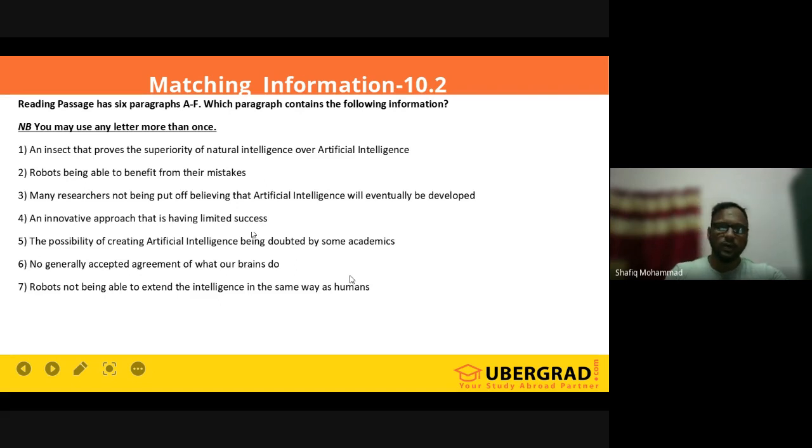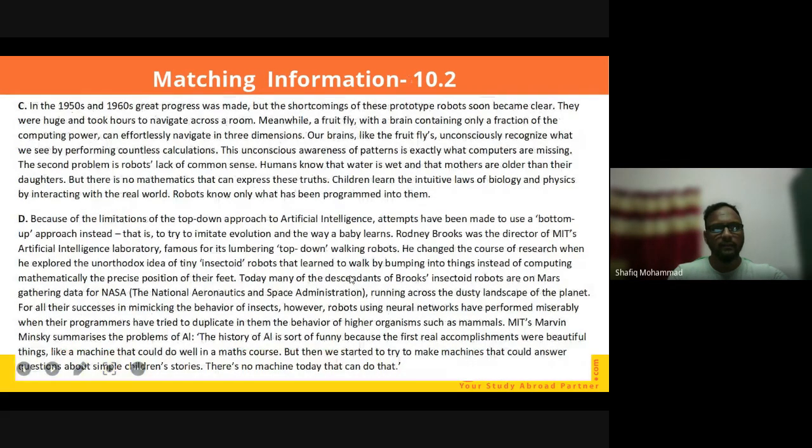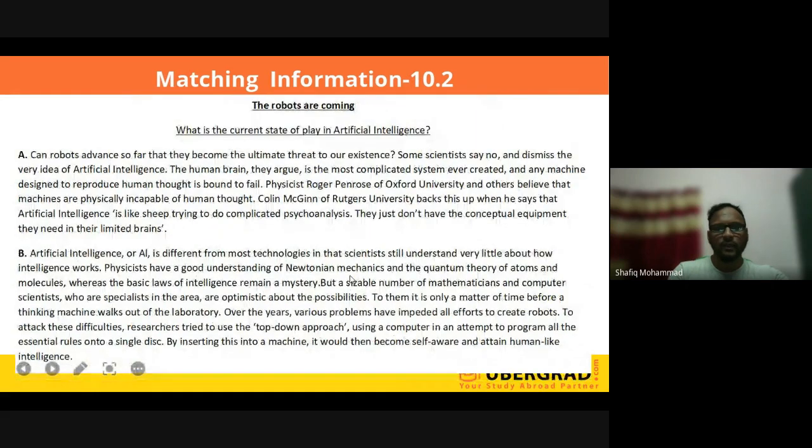So I'll give you a hint for this. If the paragraph is very big, like the B paragraph, read the first two sentences and last two sentences of the paragraph. You can come to one conclusion. For example, if a paragraph is like A, you can read just the first sentence and last sentence of it, and you can come to one conclusion. 90% it works.